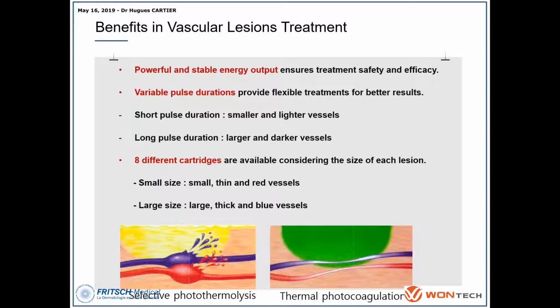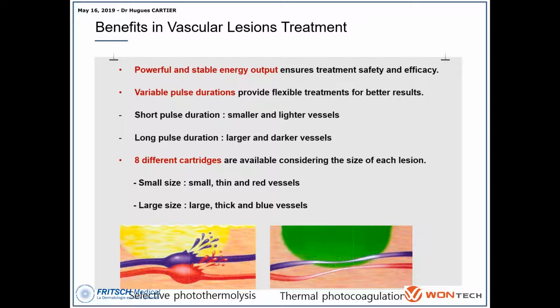Very important. And with this new device, you can treat many things, from the smaller and lighter vessels to the larger and darker vessels as well, from red to blue ones, or sometimes some green also when it's deep under the skin, from small size to large size also.